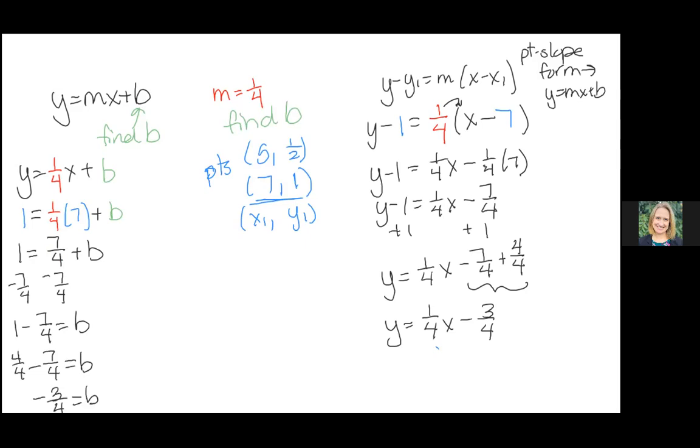And so now I have my m and I have my b. And so I can rewrite my equation as y equals 1/4 x minus 3/4. And so I want you to see, you see them either way, it's the same, you get to the same solution, the same equation. So there's just more than one way. You can use the different tools to get you there.